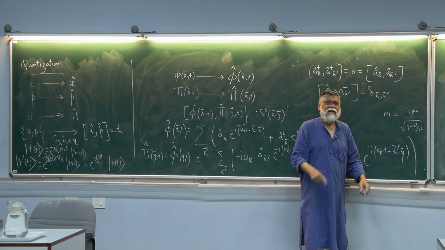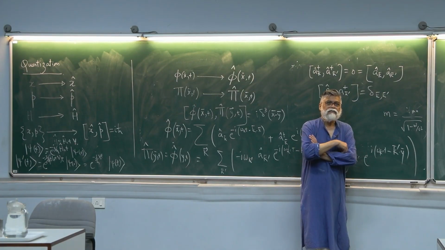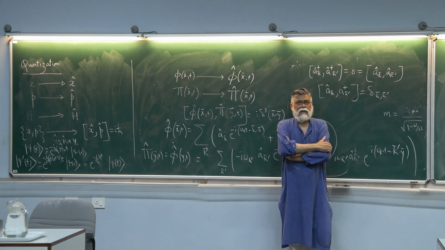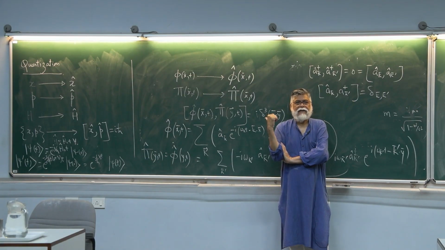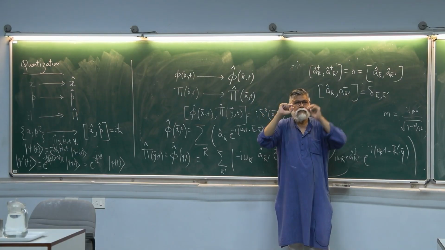Otherwise, it is the delta 4, the 4-dimensional Dirac delta. You can write the commutator relation in a more covariant fashion. I have not written it in a covariant fashion; I have written it as an equal time commutator.